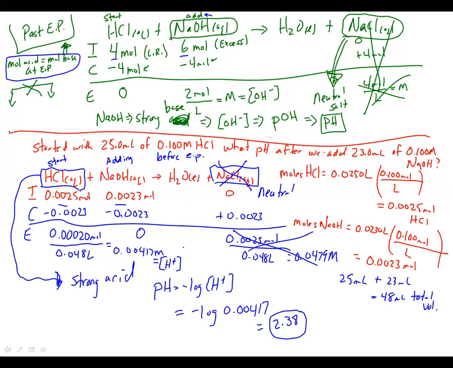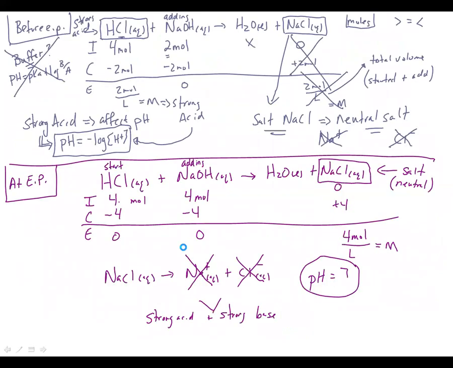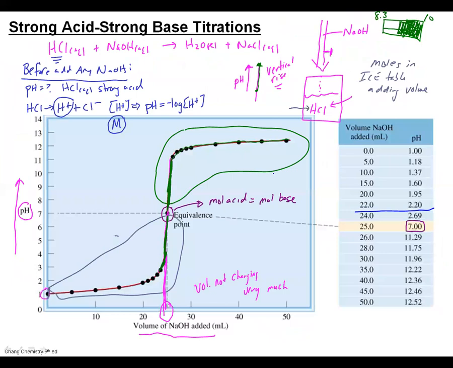Now, another important question people sometimes have when we deal with titrations is, we'll look at the curve here. In titration problems, you are sometimes asked, what is the pH in multiple places down the road? For example, what's the pH after you added 5 milliliters? What's the pH after you added 20?